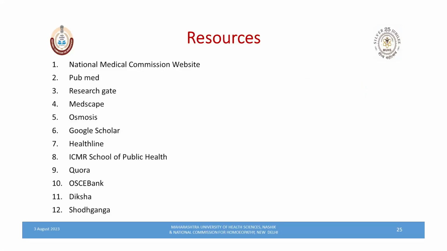It is advised to read about it by visiting the library, but sometimes it is helpful to do it online or in hybrid mode. These are the resources such as National Medical Commission website, PubMed, ResearchGate, Medscape, Osmosis, Google Scholar, Healthline, ICMR School of Public Health, Quora, OSCE Diksha, and Shodhaganga.